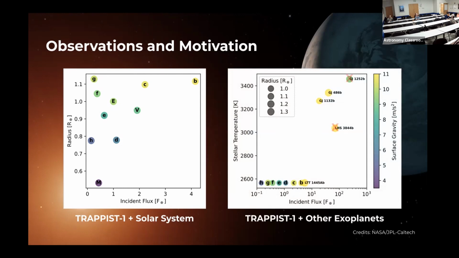We're really interested in how far this pushes back into incident flux. TRAPPIST-1b and c is what we're currently going to be able to observe with JWST. I'll talk more about that, but it all depends on the different characteristics of the star and the gravity of the host planet, and that's what we're really interested in modeling here and comparing to observations.